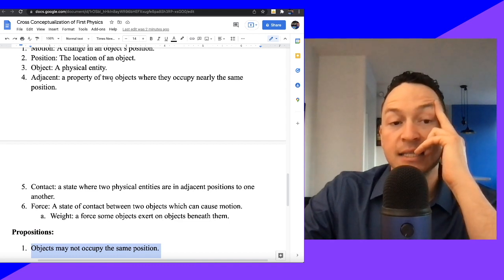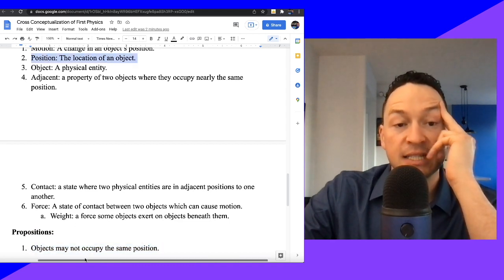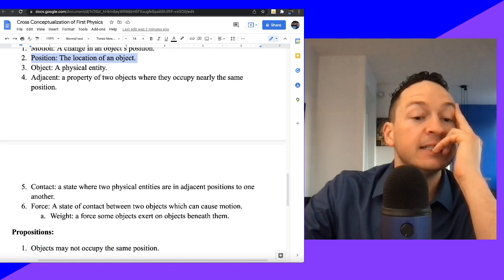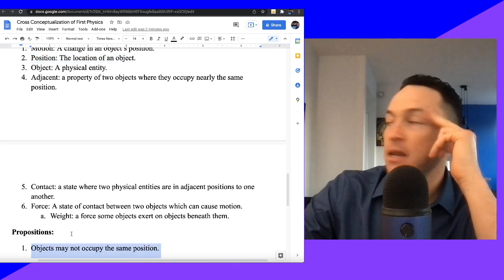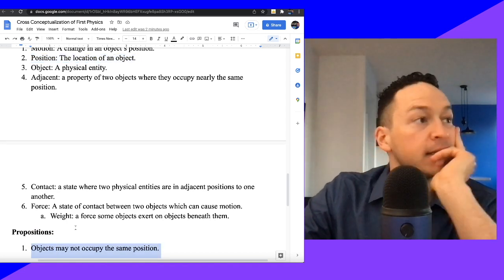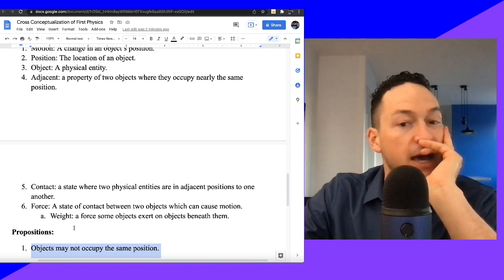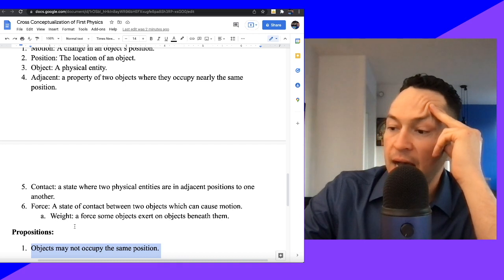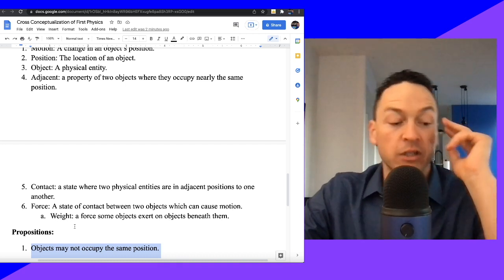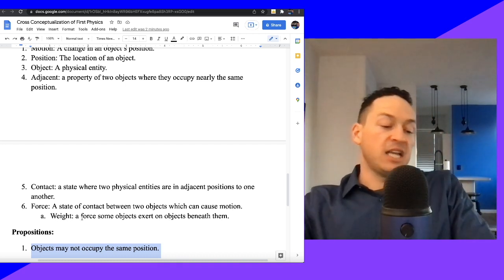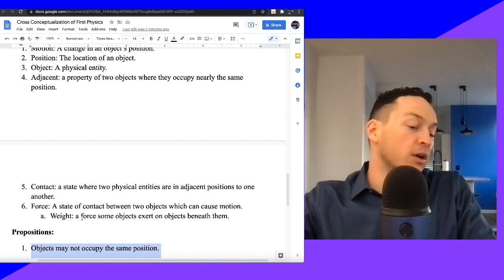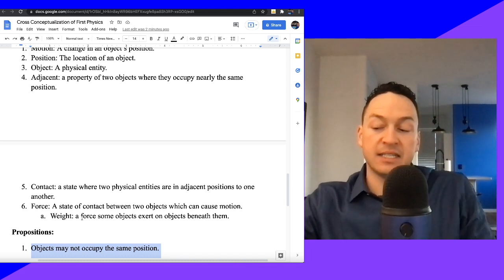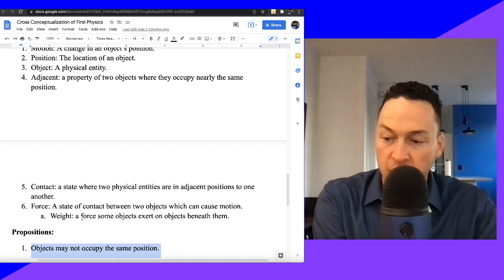You're generalizing about position because it's true of every instance of position. You're not making a claim that this is an a priori truth. I know that Descartes, for example, in the Meditations, I think takes it as a priori obvious that two bodies cannot occupy the same location.